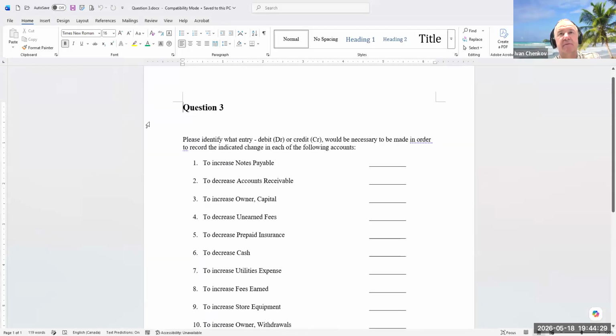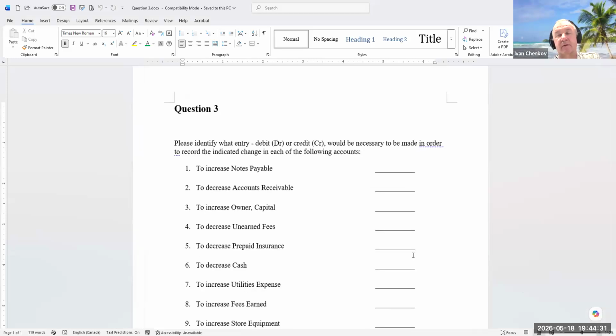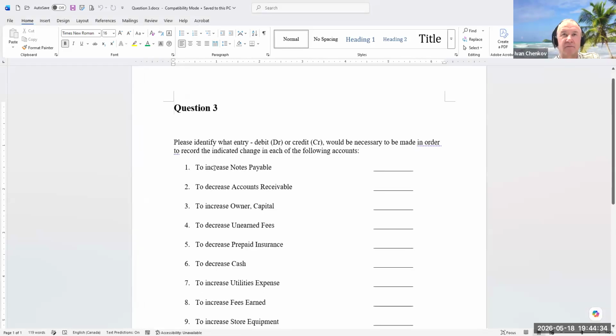There are a few elements to this question. First, we have to find what kind of account this is, what's the normal balance, and if you want to do the activity they're asking, how can we do it? So notes payable is what kind of account? Asset, liability, or equity? Let me see what's on the chat.